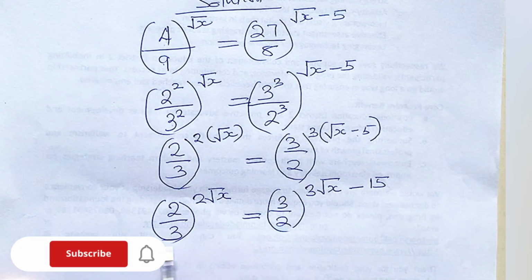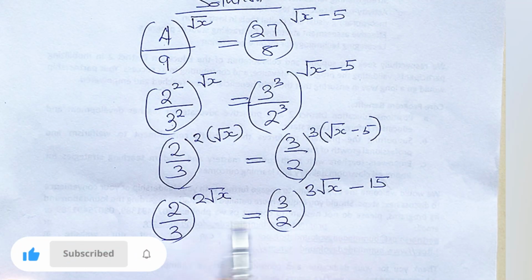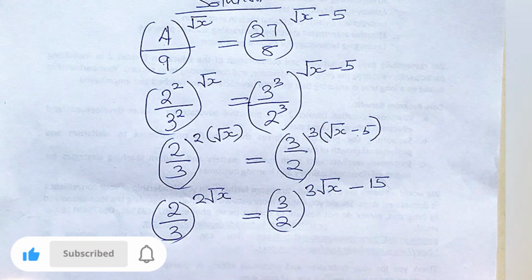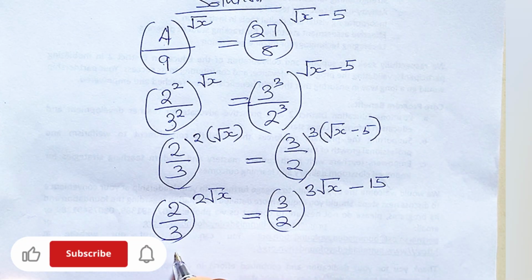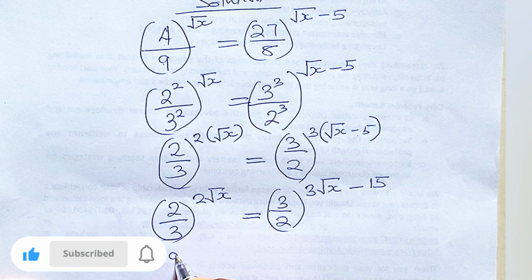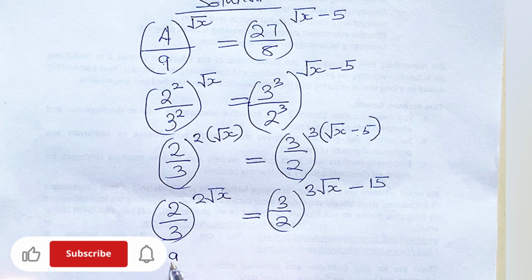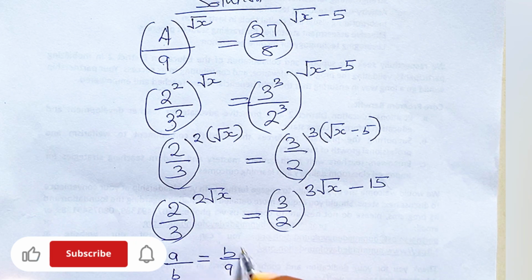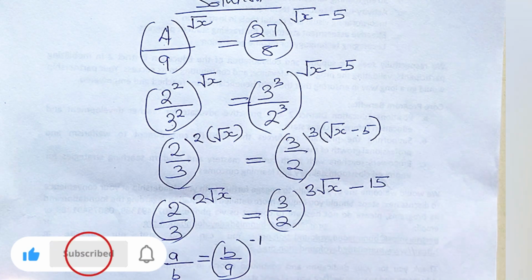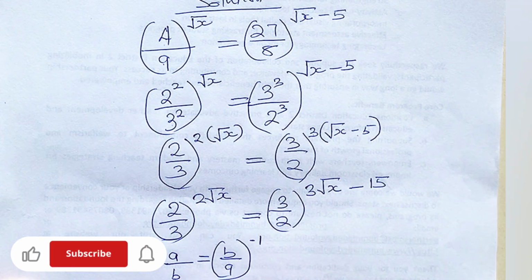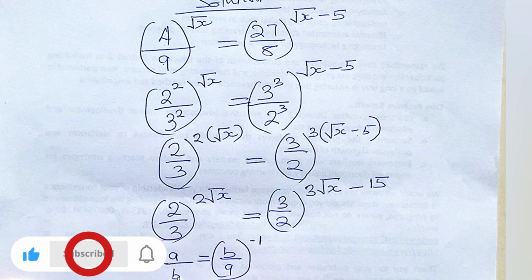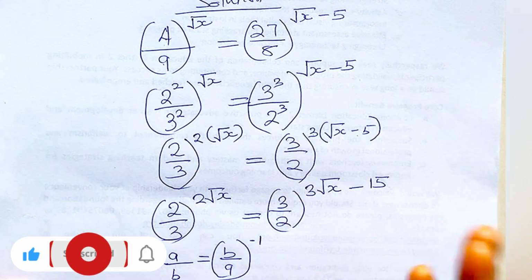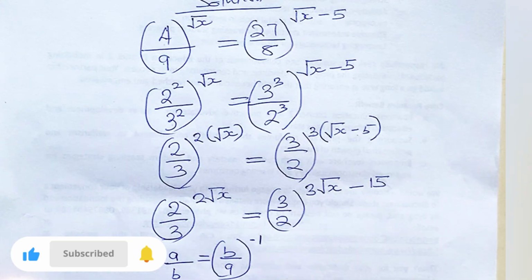However, you see that this is an inverse of this. So in the exponential rule, when you have a over b, it can be written as b over a raised to the power minus 1. Whenever you bring the denominator as the numerator, it's raised to negative 1.